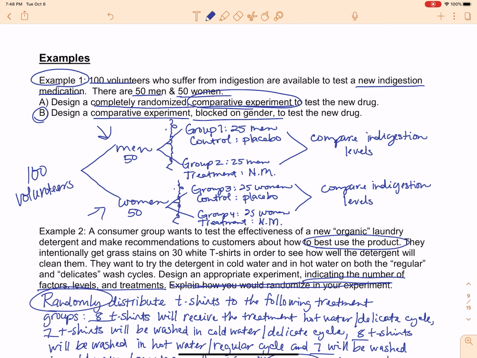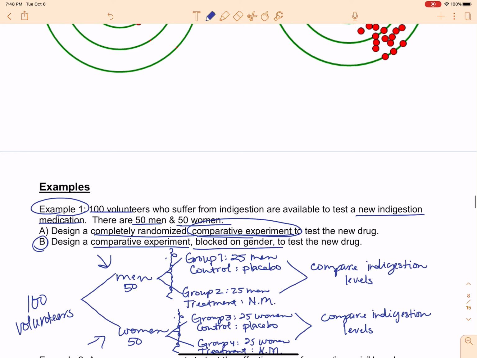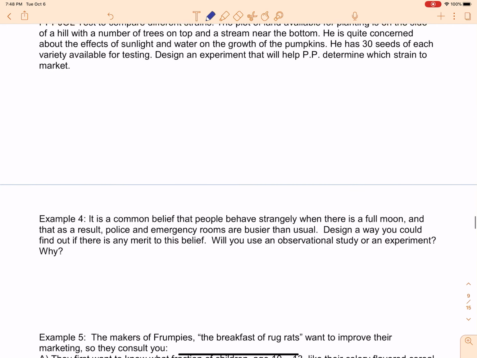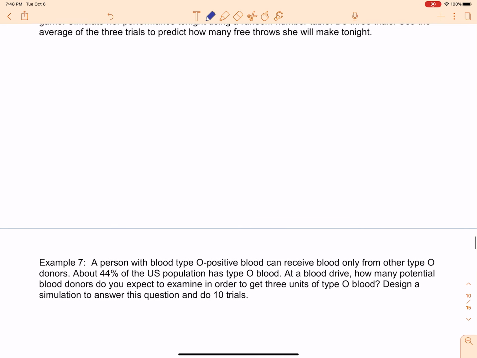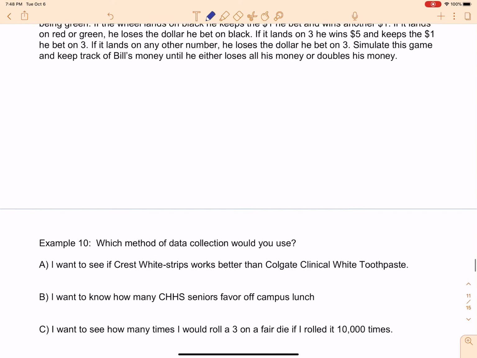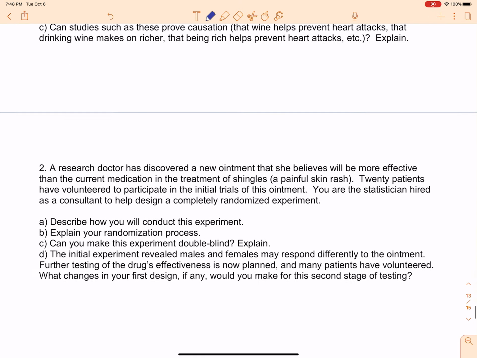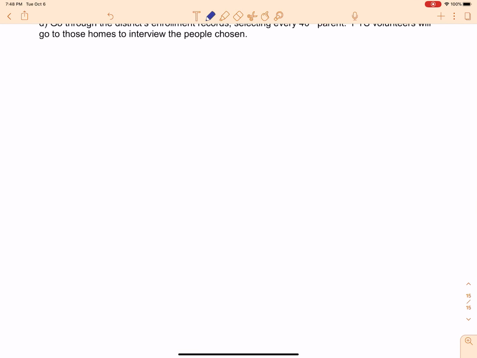To help you understand blocking a little better, let me give you another example. Actually, I don't have another example on here, but let me get to a blank space.